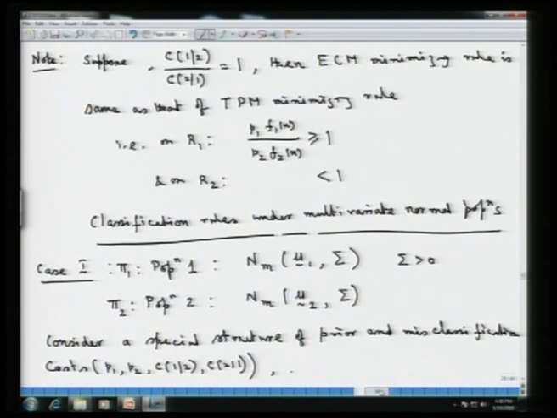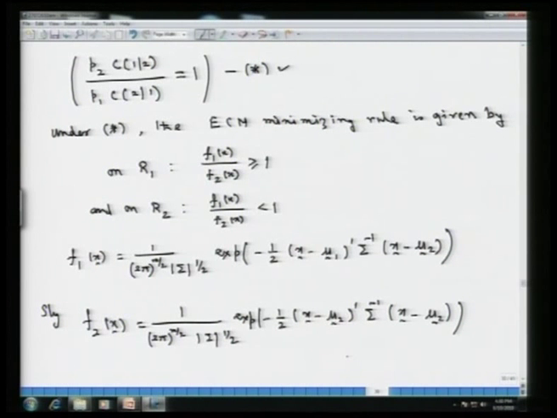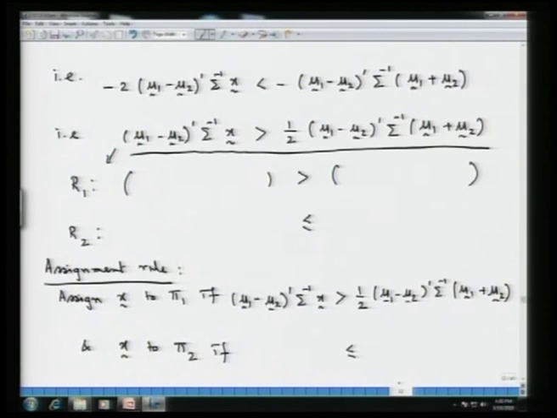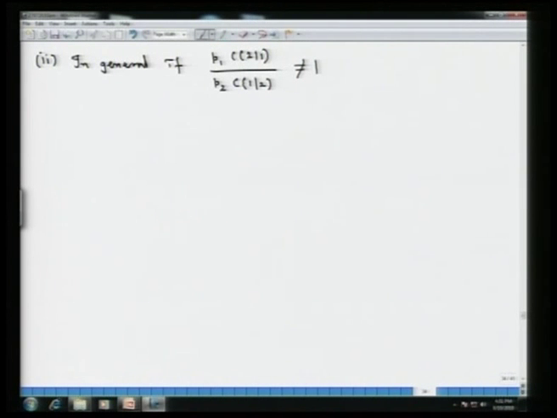But we have already computed that particular ratio f1(x) by f2(x), which we have reduced in terms of the Fisher linear discriminant function in this form. And hence, if we have now a general situation wherein this ratio is not equal to 1, the assignment rule would be given by the derivation, which would differ from the previous derivation only by this constant, or log of this particular constant.